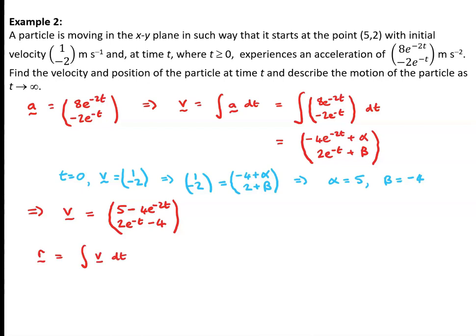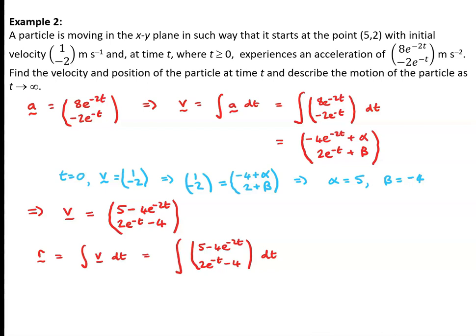We know that we can obtain the displacement by integrating the velocity. So, integrating the velocity means that I've got to integrate 5 - 4e^(-2t) and also integrate 2e^(-t) - 4.